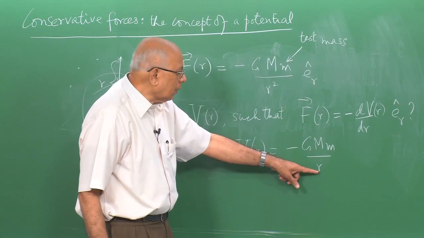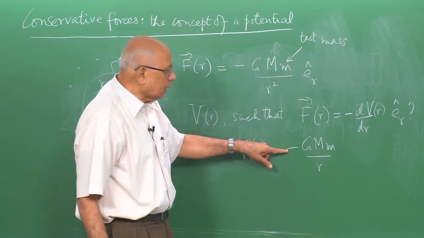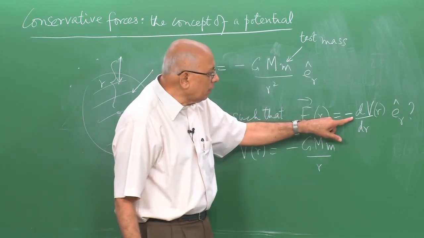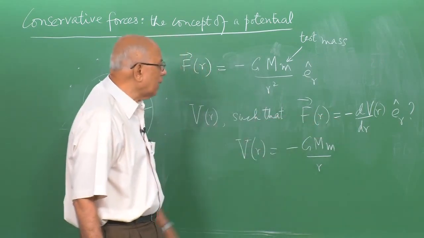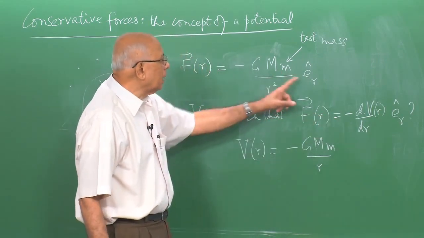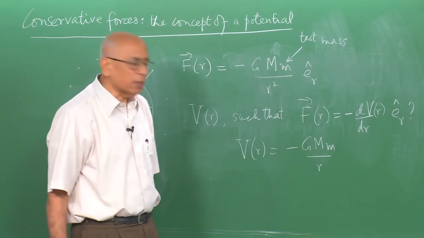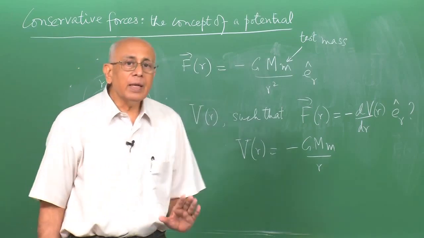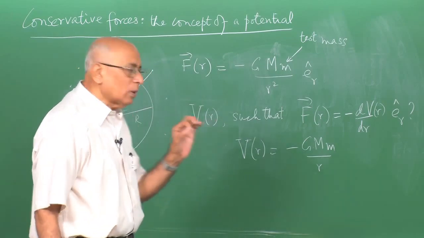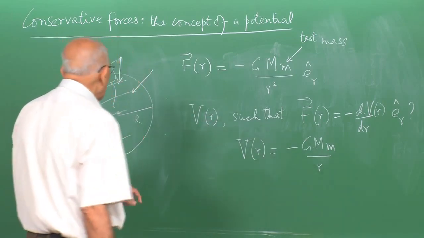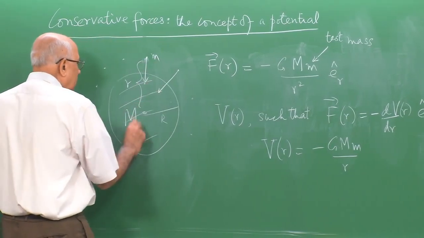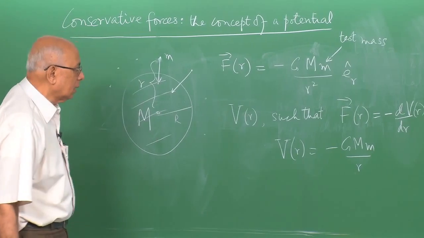So there's a minus sign coming from there, and there's already a minus sign here, so that gives me a plus sign, but I have to find minus dV over dr. That puts the minus sign back once again, and I multiply it by e_r, and I get the gravitational force here. So that's the potential, and it's in fact the potential energy of a test mass equal to little m at a distance r from the center of the Earth. This is the capital M, the mass M here.